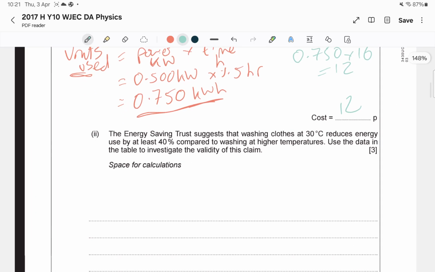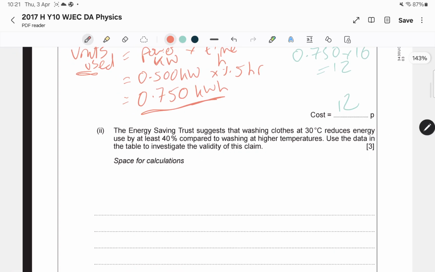The Energy Saving Trust suggests that if the washing machine clothes are washed at 30, that will reduce your energy by at least 40%. So that's 40% off. Use the data to investigate the claim. So we're going to do exactly the same up here as we did here. This was at 40 degrees.